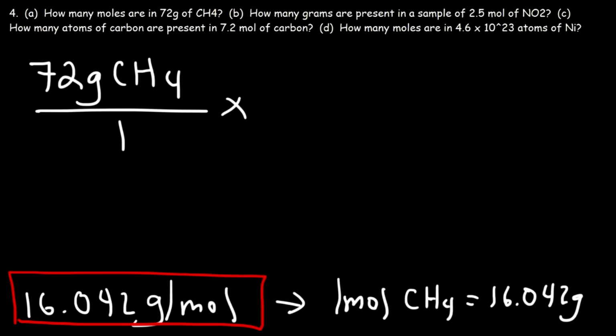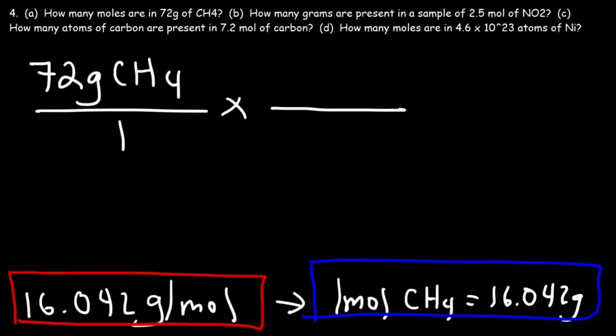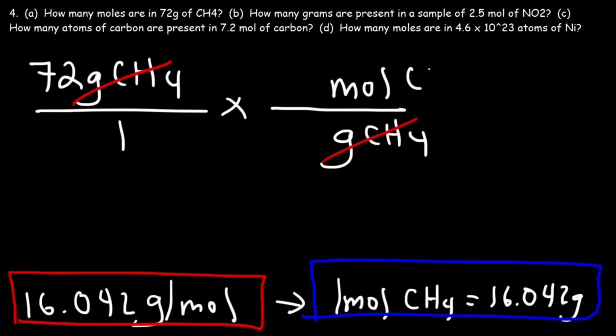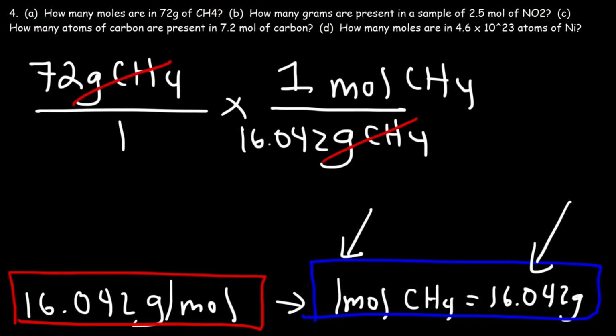We're going to use our conversion factor to convert it from grams to moles. The conversion factor will be placed in the second fraction. Because we have grams on the top left, we need to make sure that grams of methane will be on the bottom right, so that those units will cancel. If grams is on the bottom, then moles of methane must go on the top. The number in front of the moles of methane is a 1, and the number in front of the grams is 16.042. So that's the way we need to set it up.